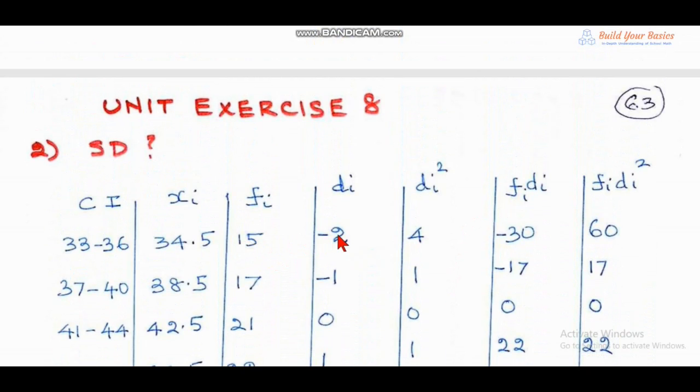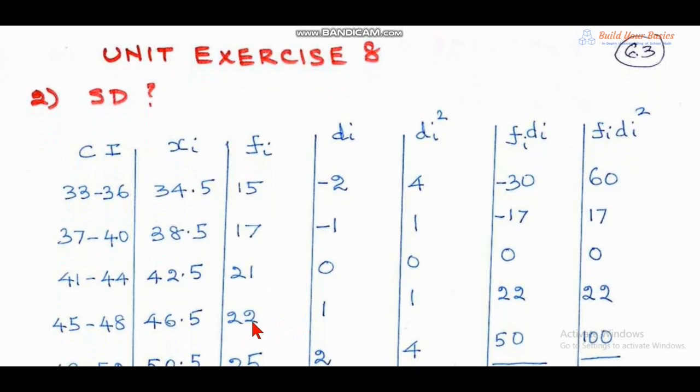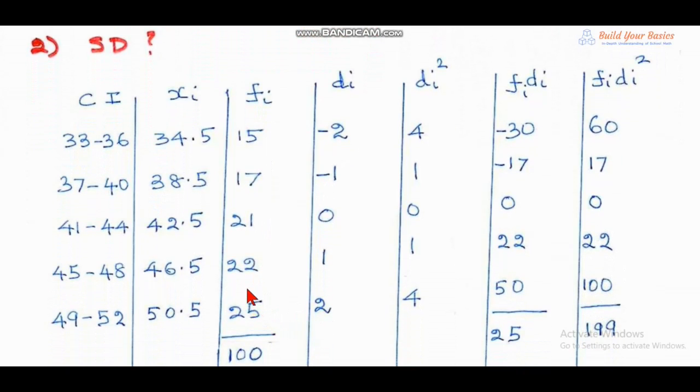15 into minus 2, minus 30. 17 into minus 1, minus 17. 21 into 0, 0. 22 into 1, 22. 25 into 2, 50.